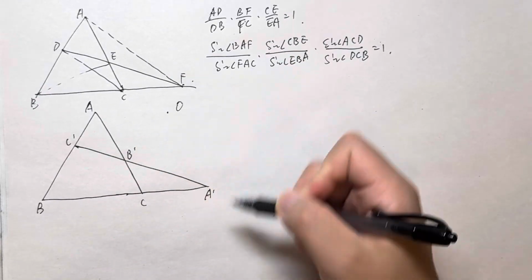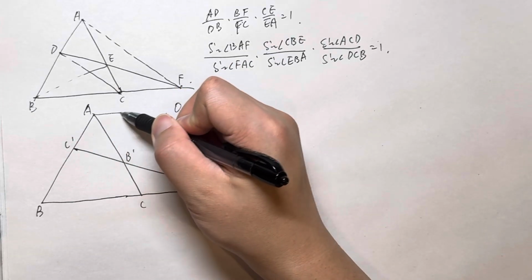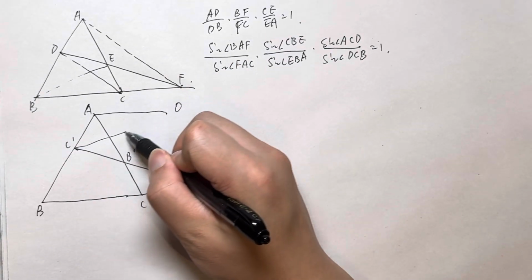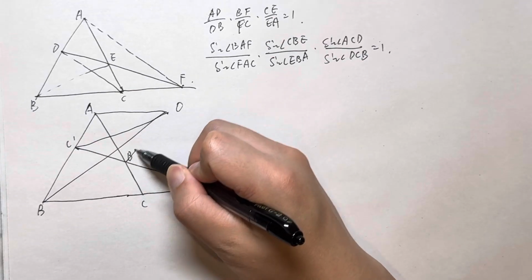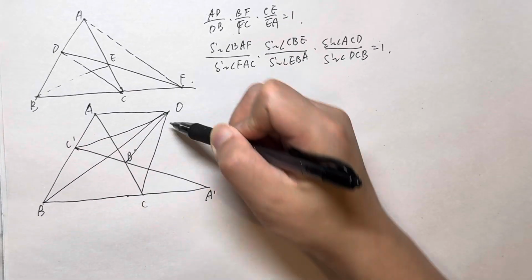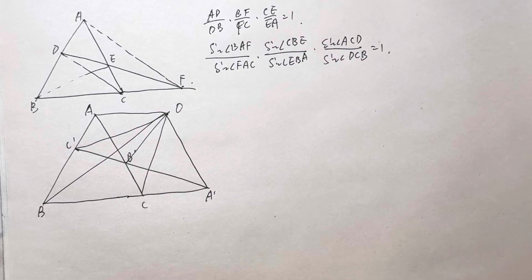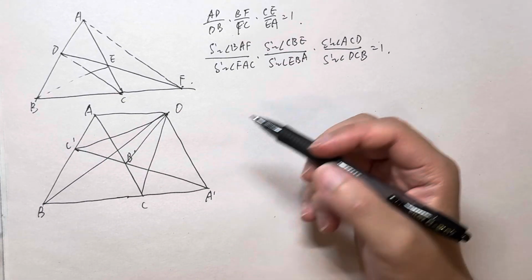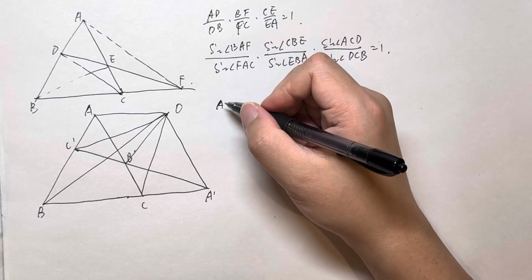Let's call it O. So we connect AO, C prime O, BO, B prime O, CO, A prime O. You should be already familiar with this.